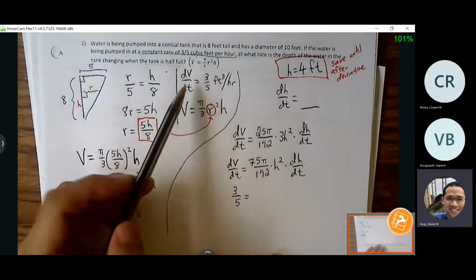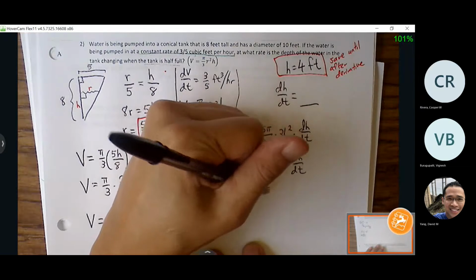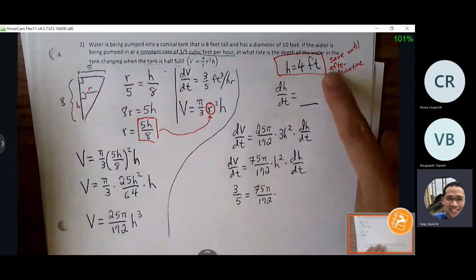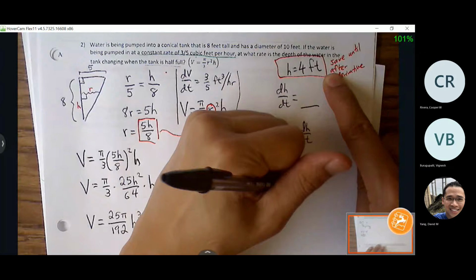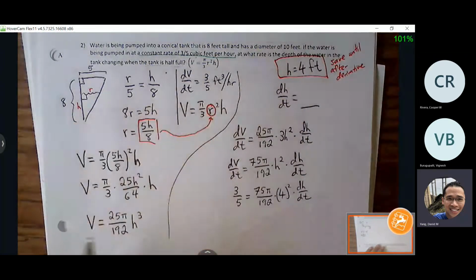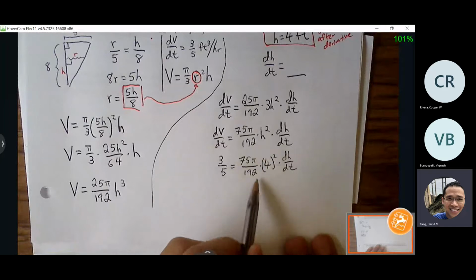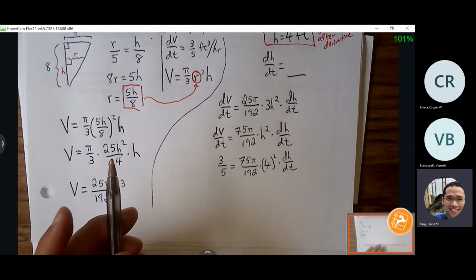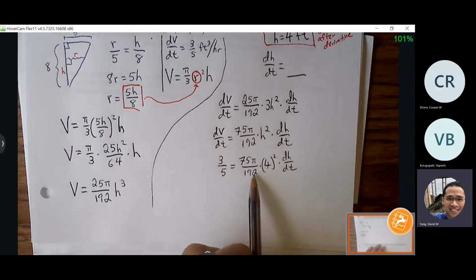dV/dt is 3/5. h is 4, now we're ready for 4. Okay, clean up as much as you can here. I got it all the way down to 25/4.